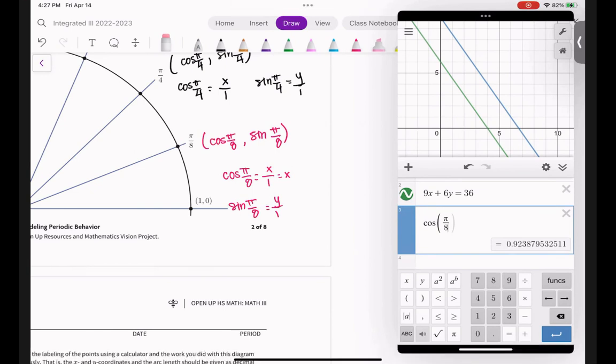I'm going to hit cosine of pi over 8, right? And it's 0.924. Now, some of you are thinking, Ms. Johnson, you didn't hit the degrees button. I shouldn't, because pi over 8 is measured in radians, right?